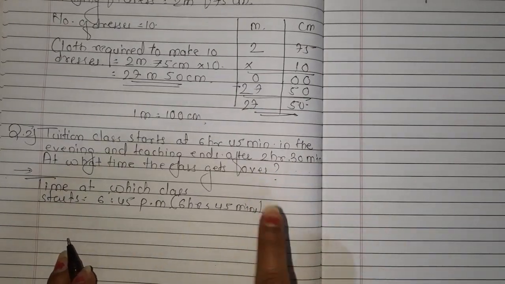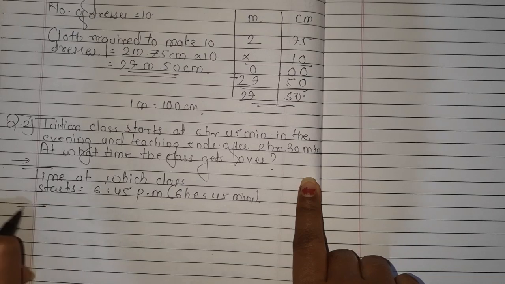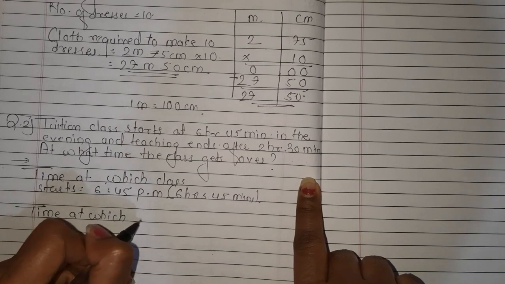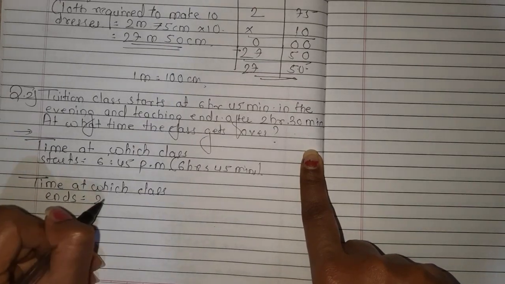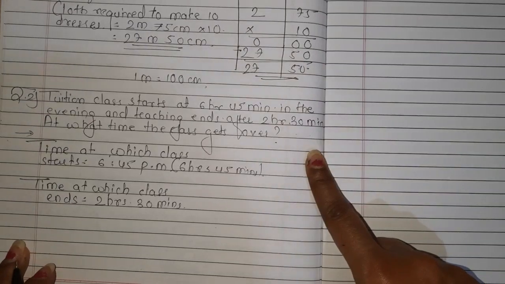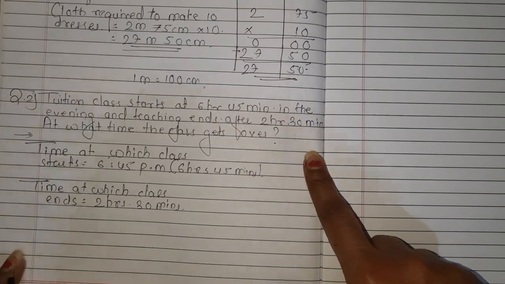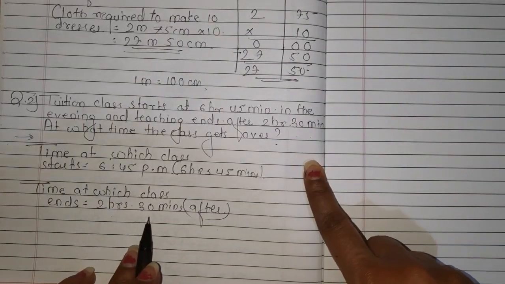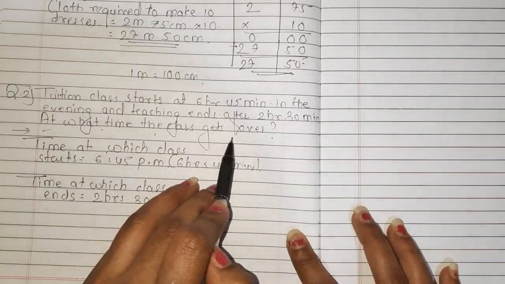And it ends after 2 hours 30 minutes. The time at which class ends is after 2 hours 30 minutes. After 2 hours 30 minutes, we have to find out at what time the class gets over.